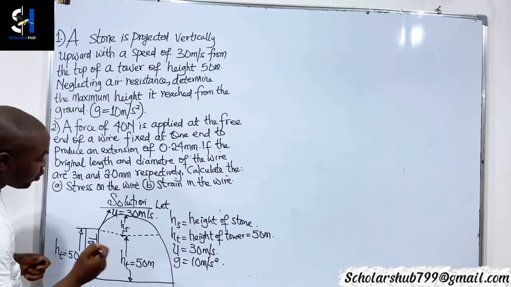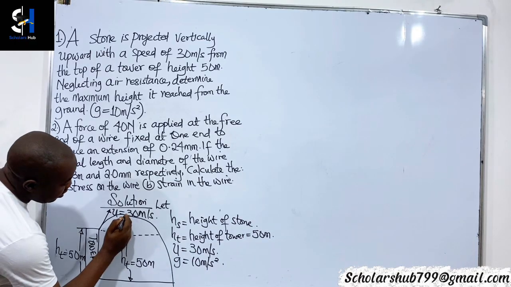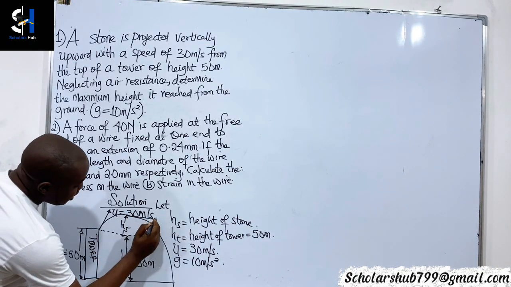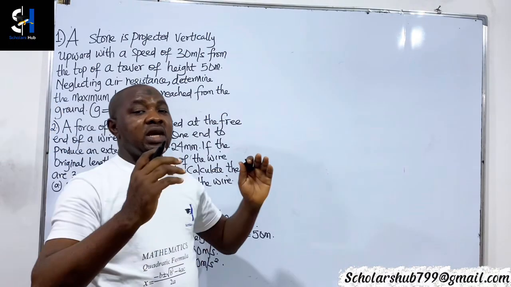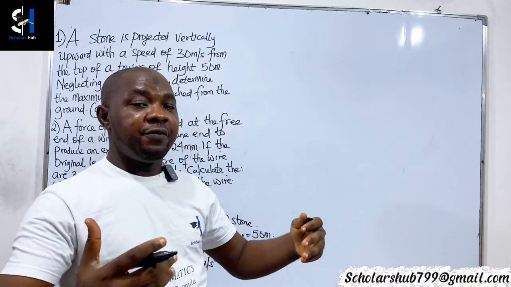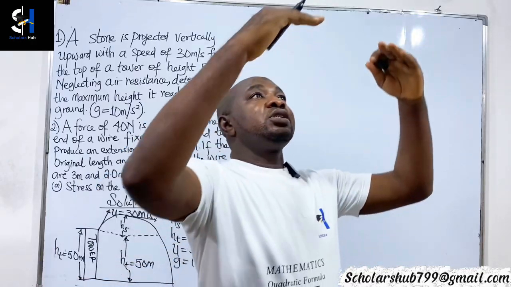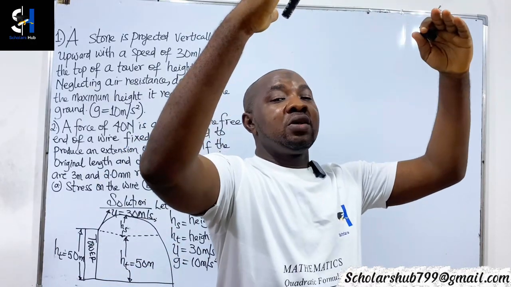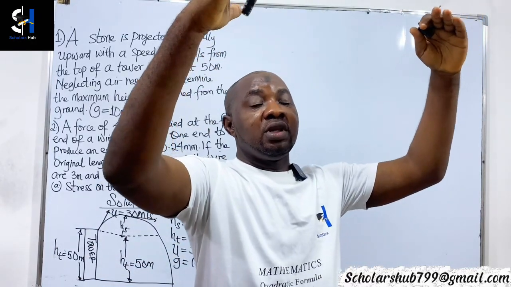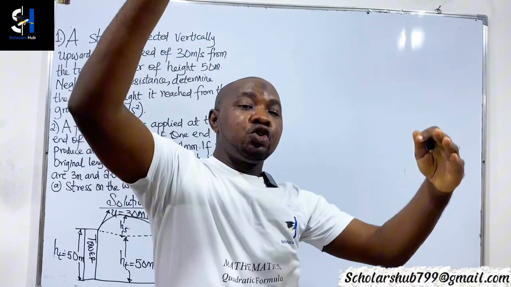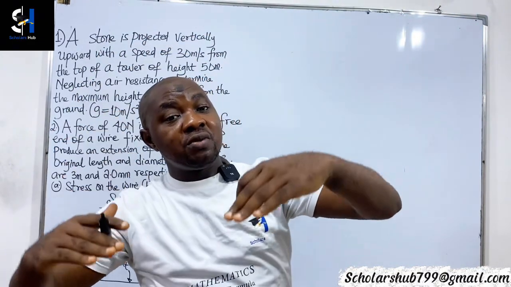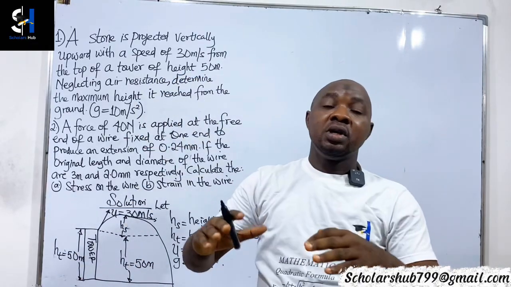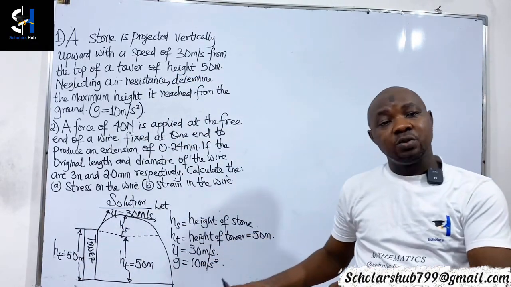When the stone reaches this point, for every object in the Earth's gravitational field, when the object reaches the maximum height, the upward motion is interrupted, and the body will gradually fall back to the ground level.